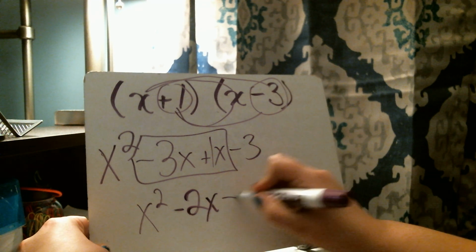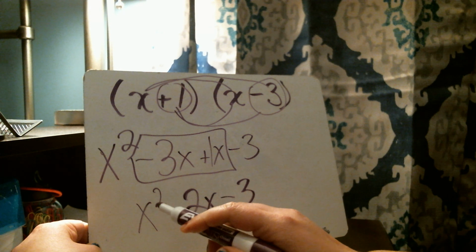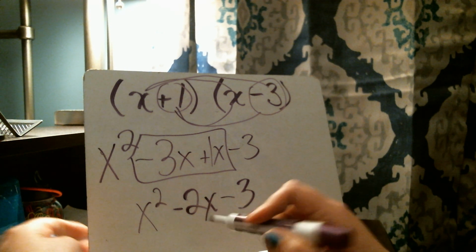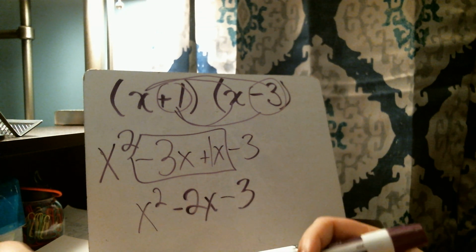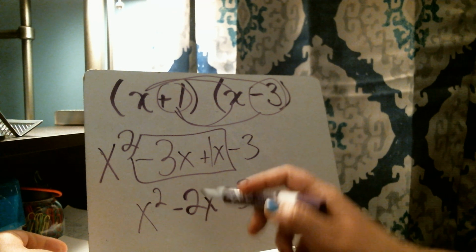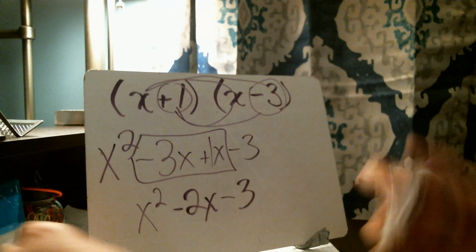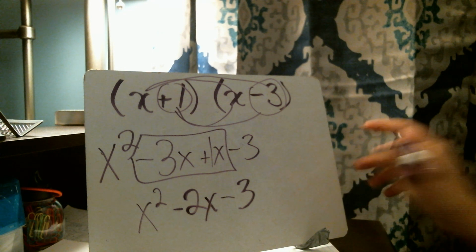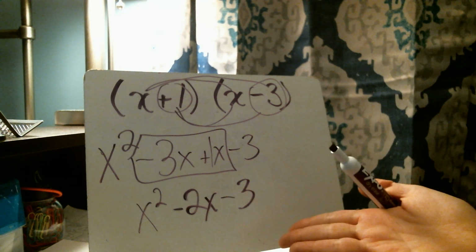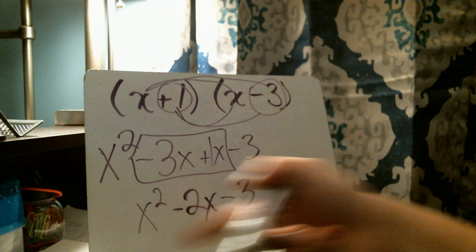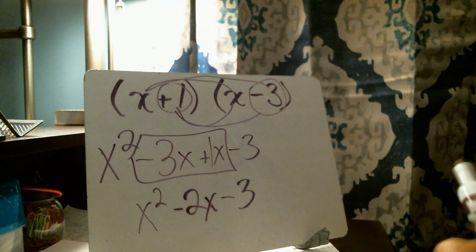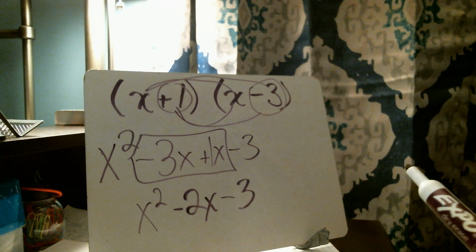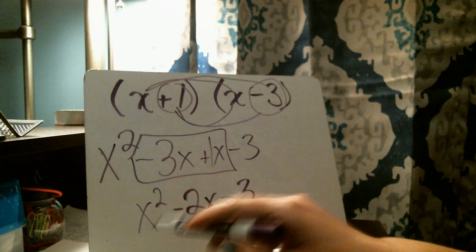Negative 2x, and then minus 3. You cannot combine x squareds and x's because you just can't. You can't add the length of something to the area of something. It doesn't work. Okay, so that's that example. This is now what we call a quadratic, and we'll talk about those and why we call them that a little bit later.